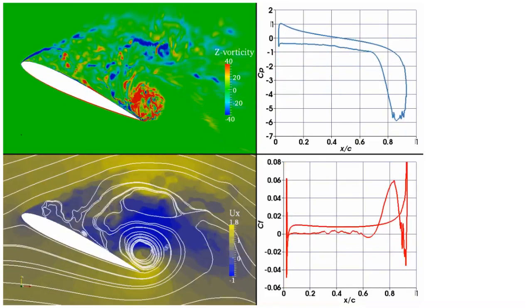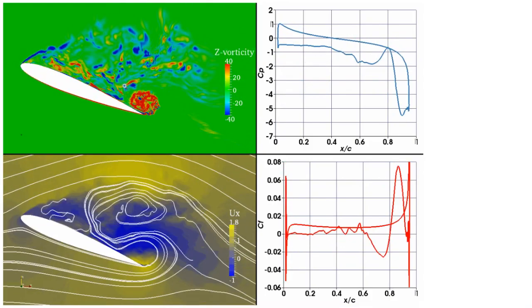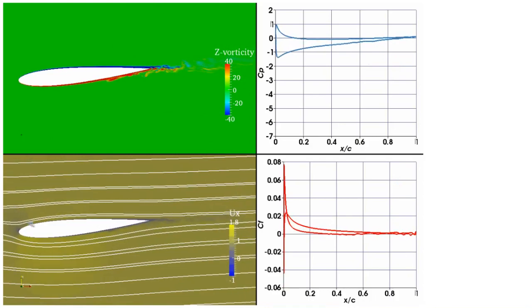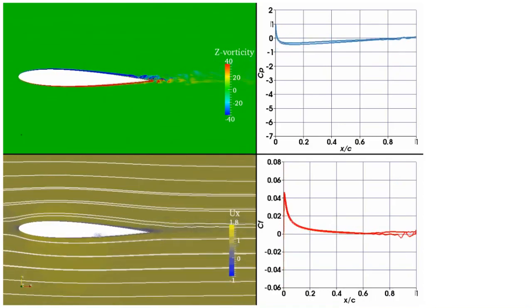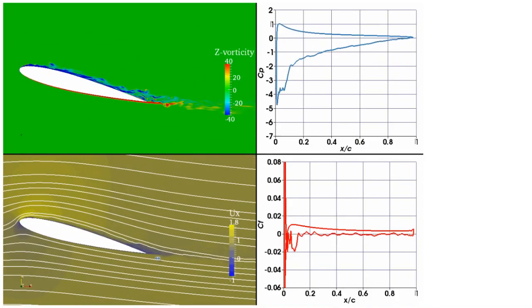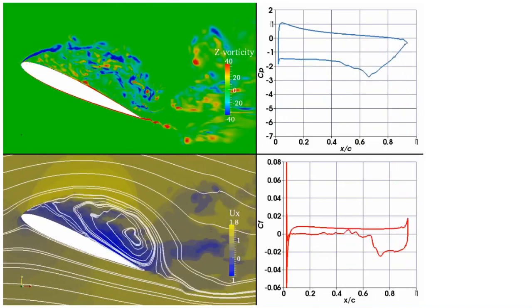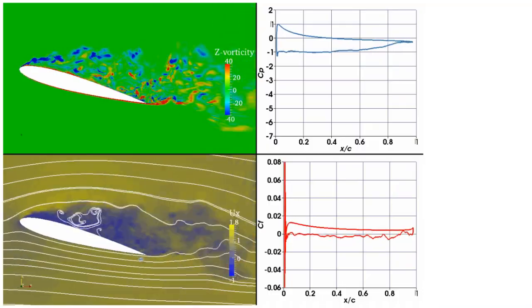Here you have the vortices, as you can see here, and with no angle of attack you have little turbulence just on the final part of the airfoil.